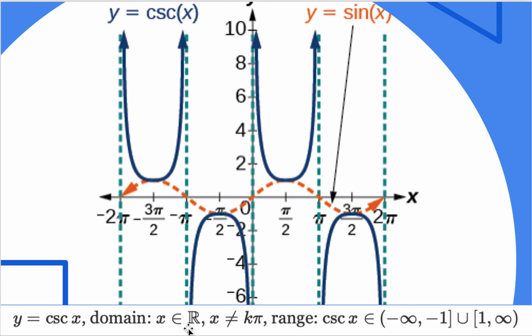For the cosecant, as I said before, the domain is from minus infinity to infinity, except x is different from k times pi, k is an element of integers, and the range is from minus infinity to minus 1, and from 1 to infinity, including 1 and minus 1. So this is the range.